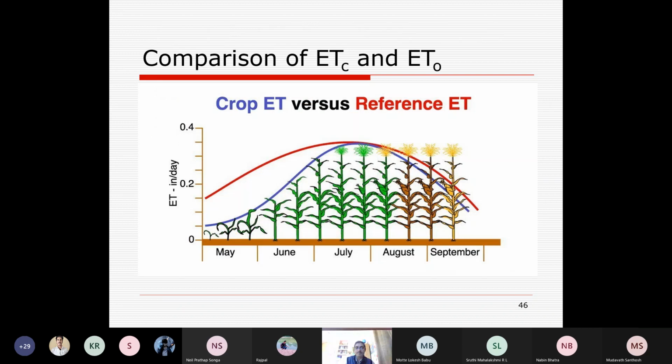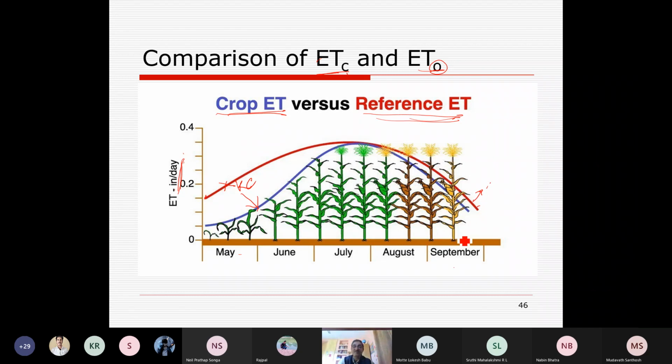Now there are two terms, crop ET, that is ETc, and reference ET. How do they differ? That is why we need to multiply by Kc to find this value. ET is presented in inches per day, for different months. We can assume here a crop season. Reference ET is always higher, the reason being it is one reference. Alfalfa grass is the reference grass, which has certain growth characteristics.